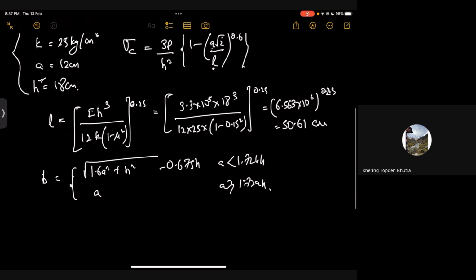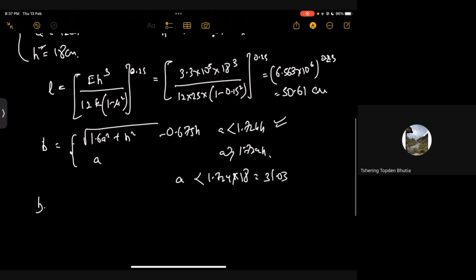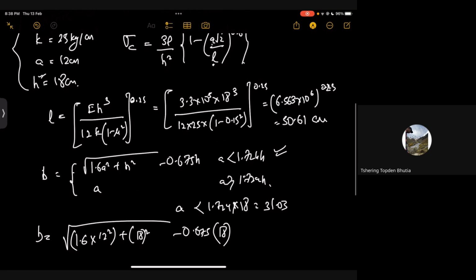And for the radius of resisting section we need to compare a and h. So 1.724 h is equal to 1831.03, which is greater than a. So use this formula. So what is the value of B? Can you please tell me now? Calculate and find the value of B. Yes, awesome, 11.4.